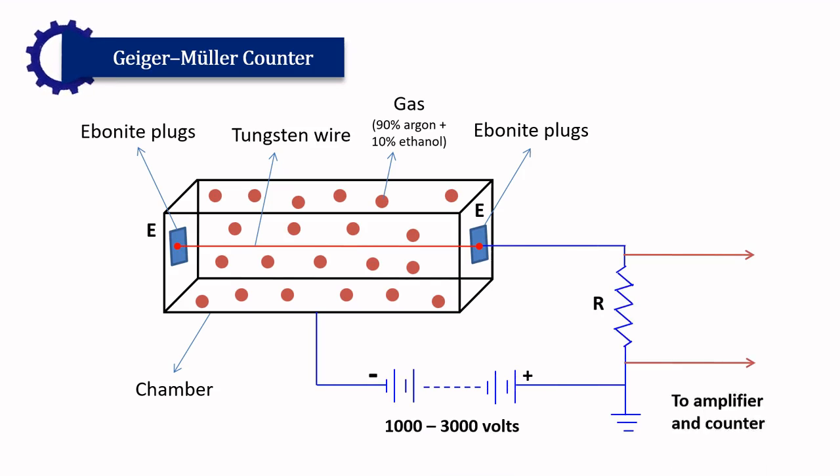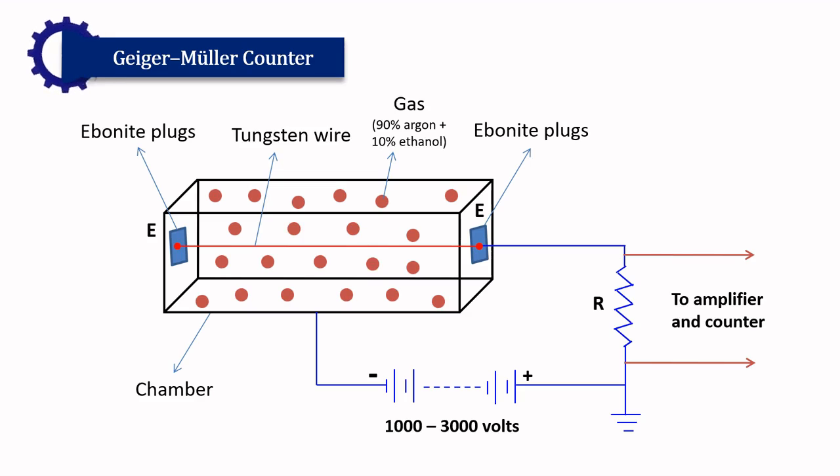In this circuit, we have to apply less voltage to avoid discharge between the electrodes. An electronic counter is also associated with this setup, which is capable of measuring the current pulse that happens due to the potential drop across the resistor.